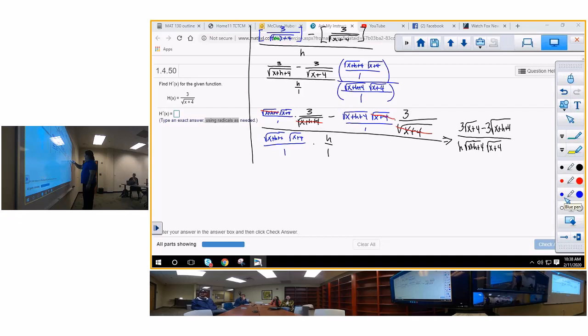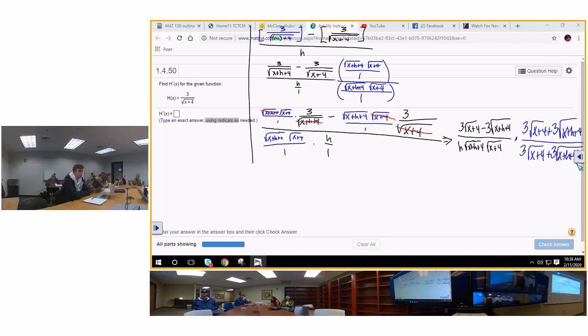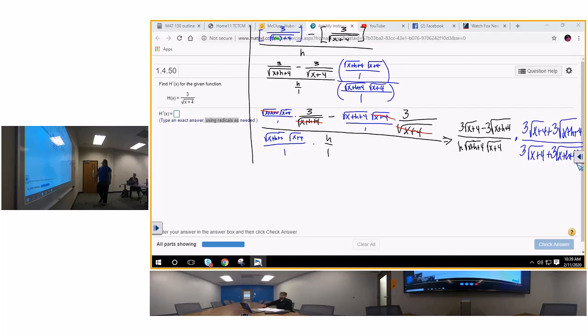All right, multiply by 3 square root of x plus 4 plus 3 square root of x plus h plus 4 over 3 square root of x plus 4 plus 3 square root of x plus h plus 4. Now what that's going to do is make a plus b times a minus b, which is a squared, which is going to be 9.